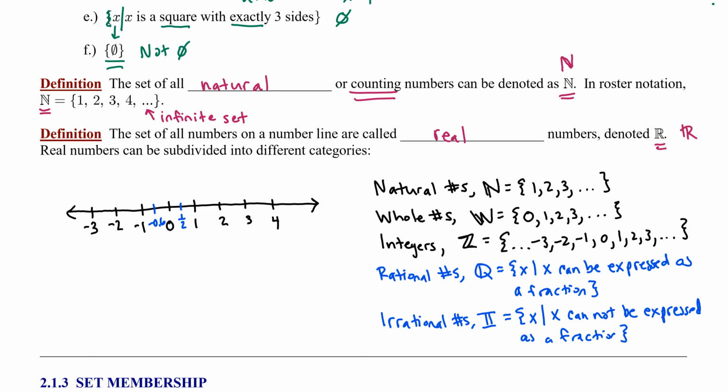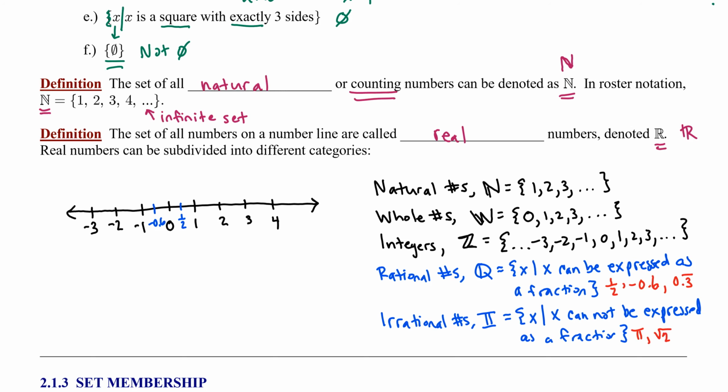Okay, so again, examples of rational numbers, or numbers that can be expressed as a fraction, might be 1/2, -0.6, or 0.3 repeating, whereas an example of an irrational number might be something like pi or square root of 2, something like that.